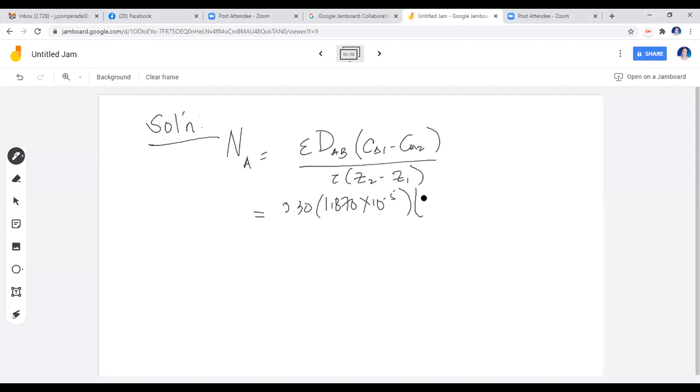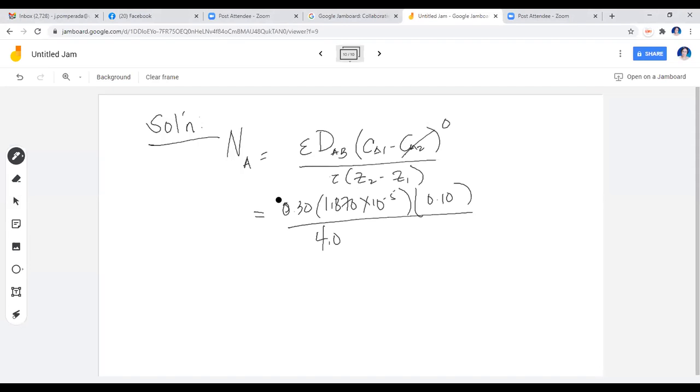As for the concentration, it's already stated that in one side, the concentration is 0.10 gram mole per liter. The other side is just fresh water. So this is 0 again. So this is 0.10. And we have the tortuosity is given in the problem to be 4.